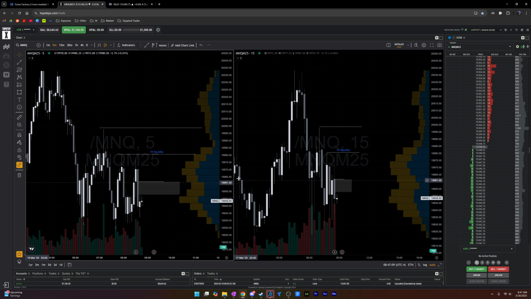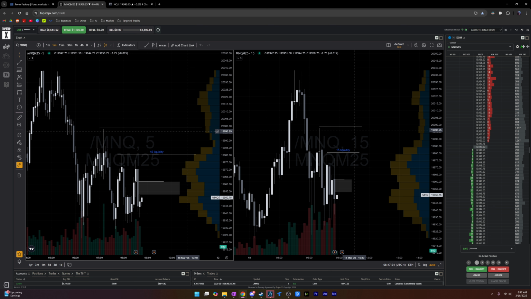Also, Kazimo, Top Step does have, in my opinion, the best platform. I really like this platform they have. Yeah, and platforms are really cheap too, so I would recommend diversifying.